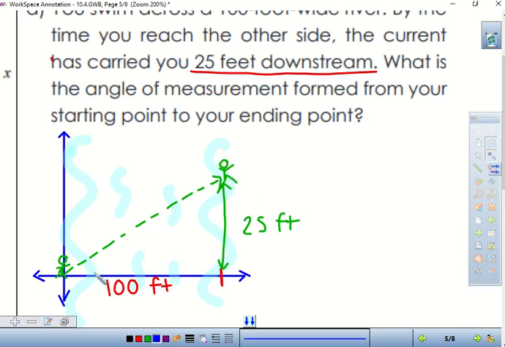This is my angle. We're just going to call it theta. Or you can call it theta prime. All right, you ready to do some calculations?